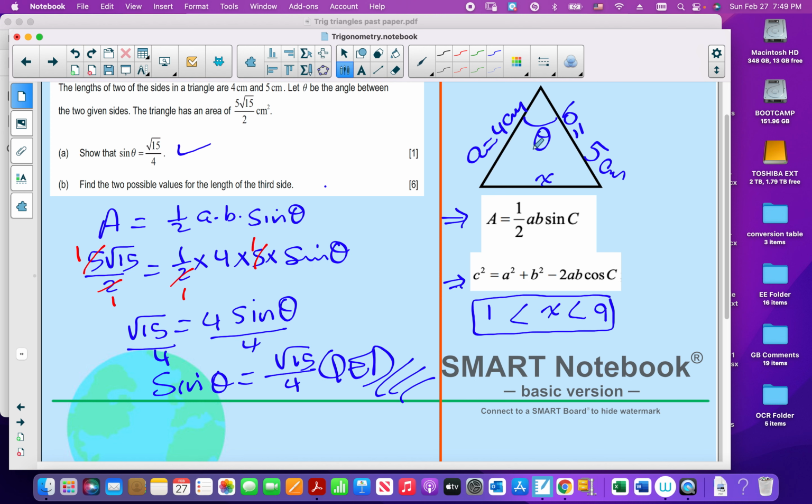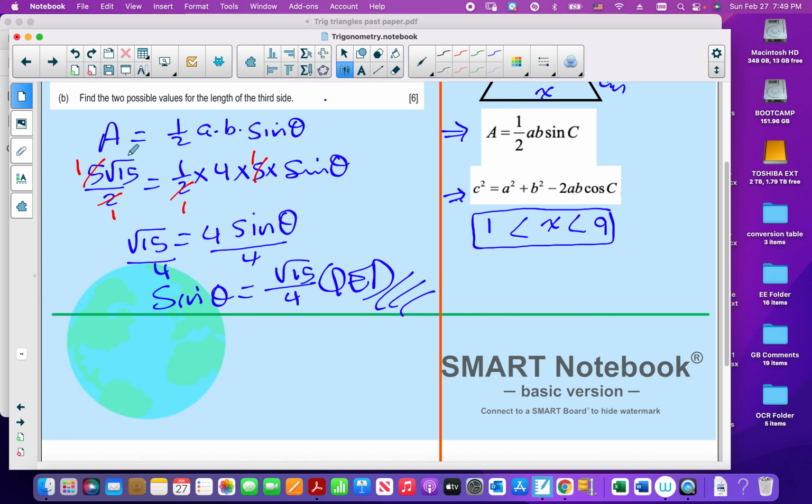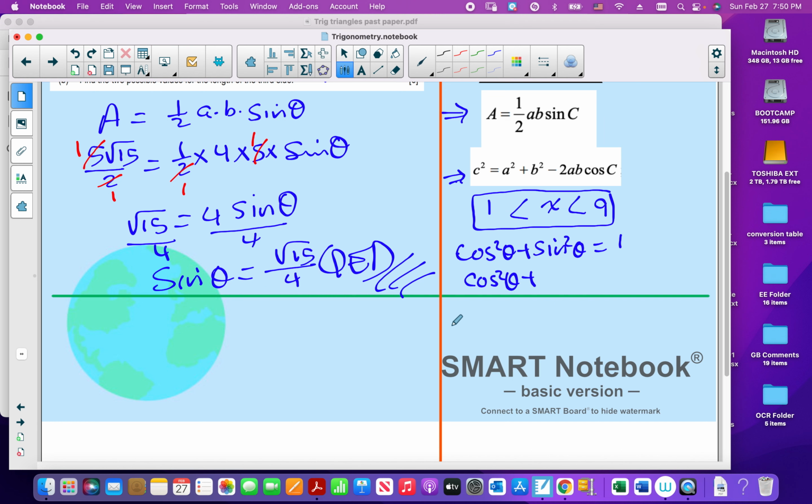We are given sine theta to be root 15 over 4. I want to find what is cosine theta. Well, I can use the identity cosine squared theta plus sine squared theta is equal to 1. Substituting instead of sine, that will be cosine squared theta plus, if I square root 15 over 4, that will give me 15 over 16, equals 1.